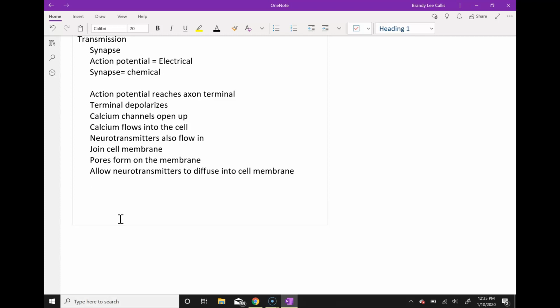So when the neurotransmitters diffuse into the cell membrane, that is them dropping off the message. The message then travels through that neuron or neuroglia and sends it on its way.